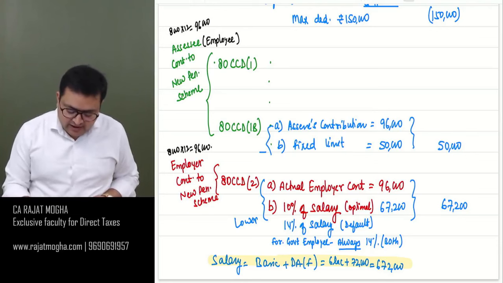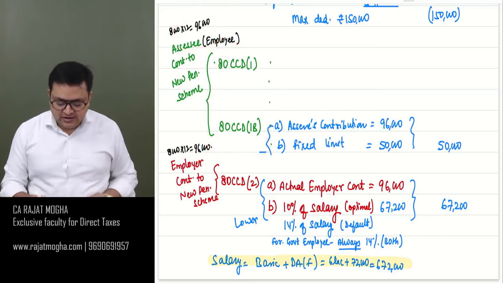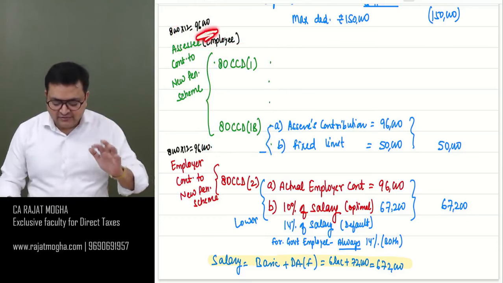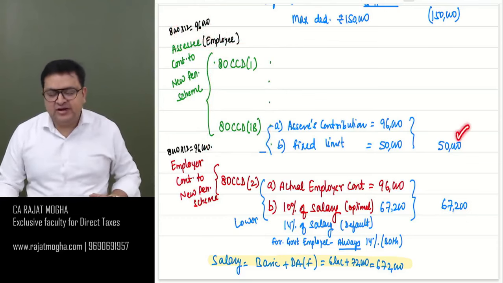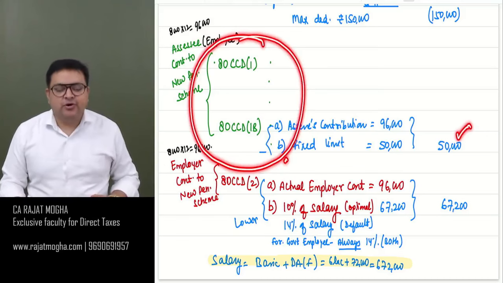See, tell me out of 96,000, how much deduction have we already received? These both are assessee's contribution. Out of 96,000, we have got 50,000 deduction already, because these are employee contribution, assessee's contribution.